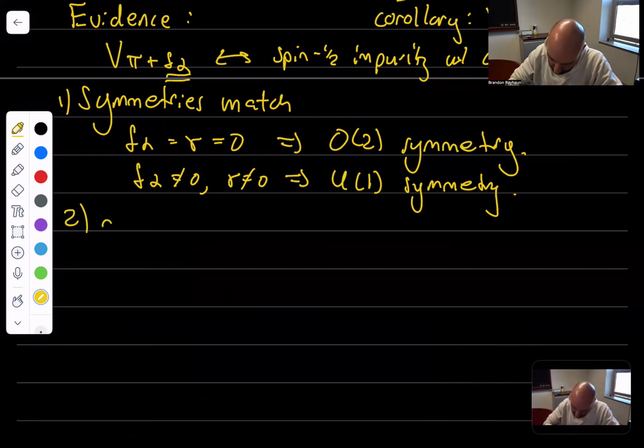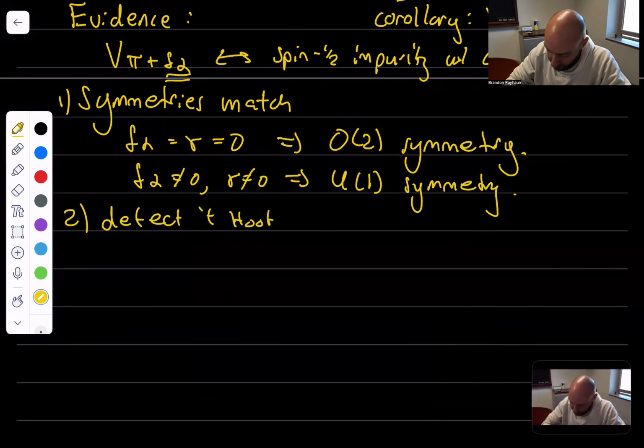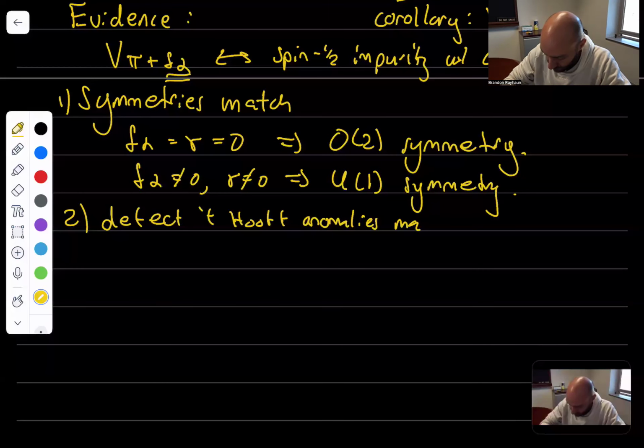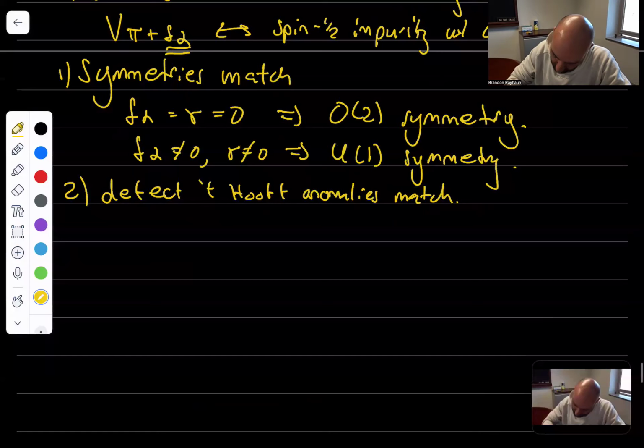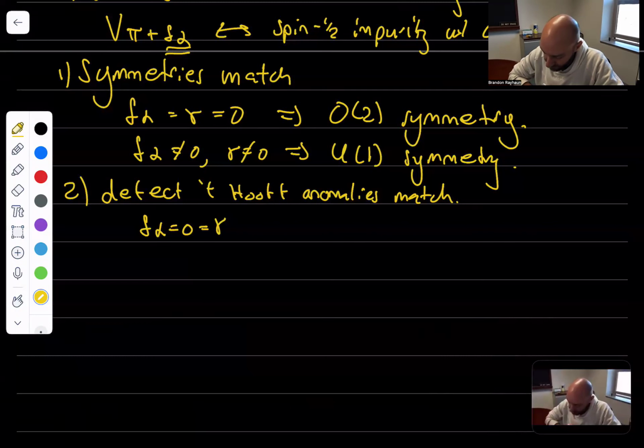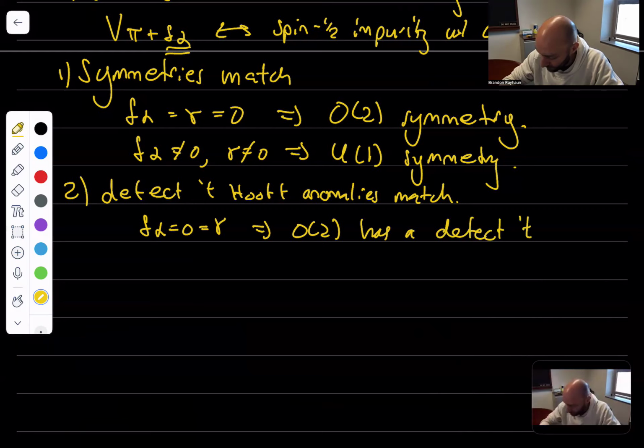Okay. Another point is that the defect 't Hooft anomalies match. In particular, when the holonomy is at pi and this gamma coupling is turned off, as I said, there's this O2 symmetry, and that O2 symmetry has a defect 't Hooft anomaly of the kind that I described earlier.